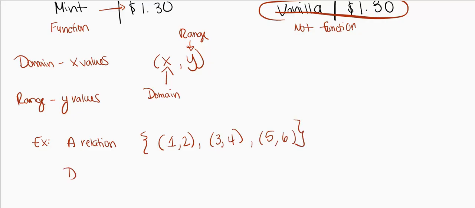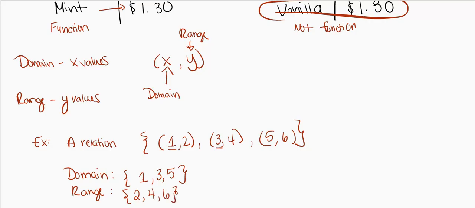We would characterize our domain to be everything in my x coordinate. So it would be 1, 3, and 5. My range would represent everything in my y coordinate. So 2, 4, and 6.